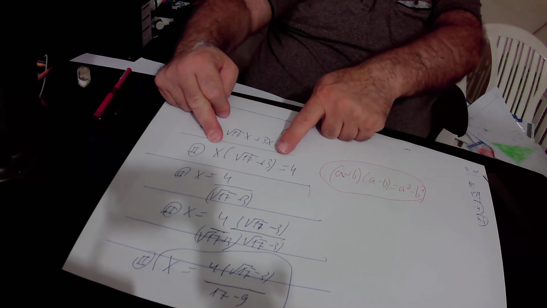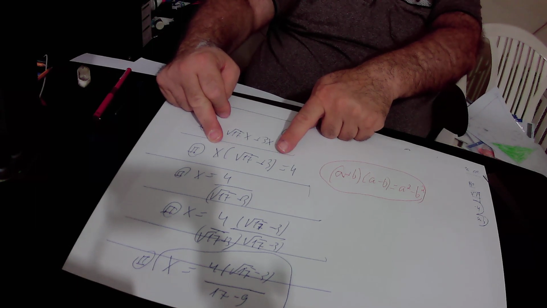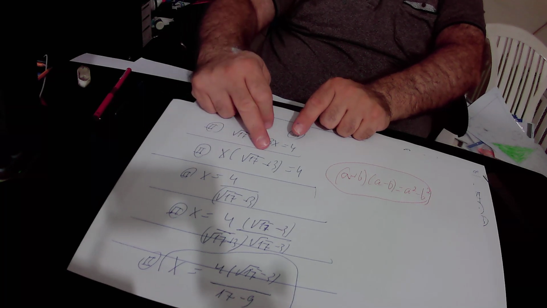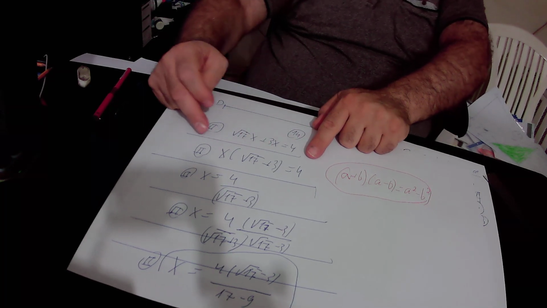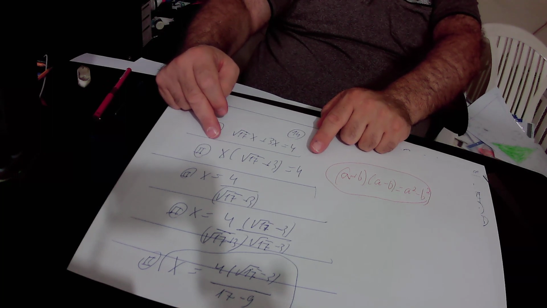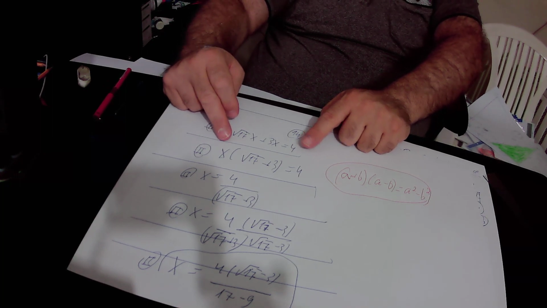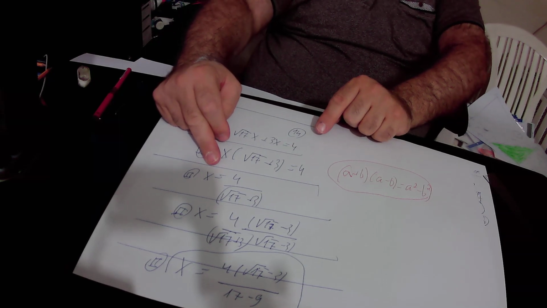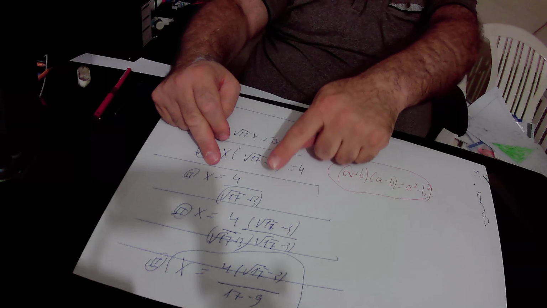It is actually 3. So in total we got that x times (square root of 17 plus 3) equals 4. Here we divided equation number 2 by (square root of 17 plus 3), and we got that x equals 4 over (square root of 17 plus 3).